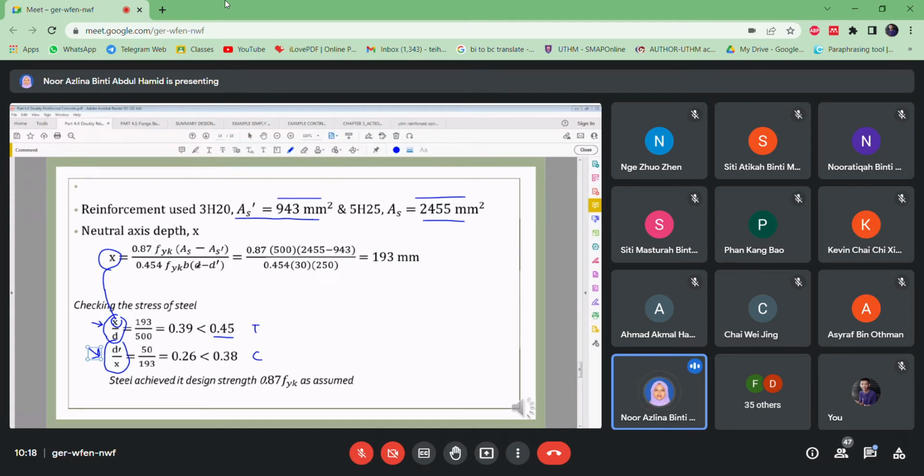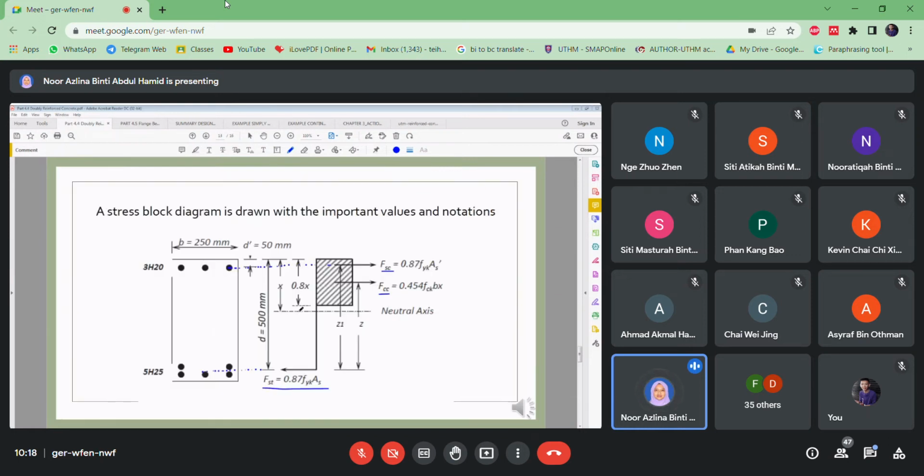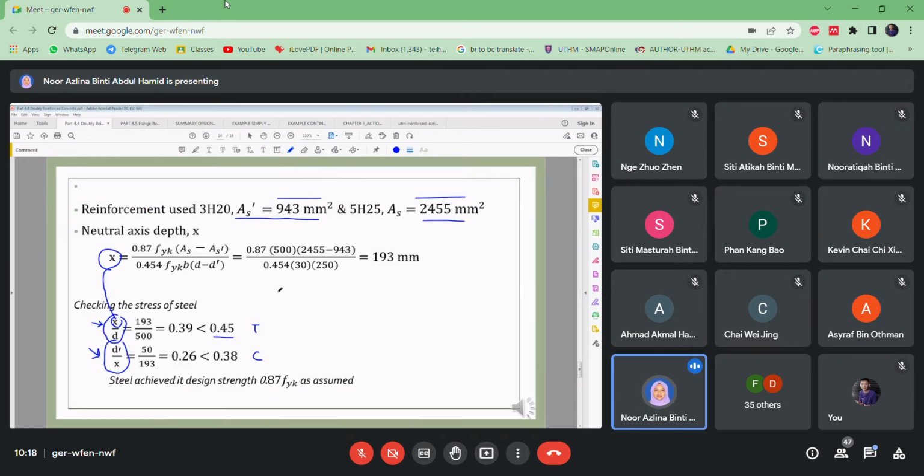Okay, which is from the diagram. Okay, I will not repeat how to define these equations. Okay, so it shows here that all the steel reinforcement achieves design strength. So that means you can proceed.